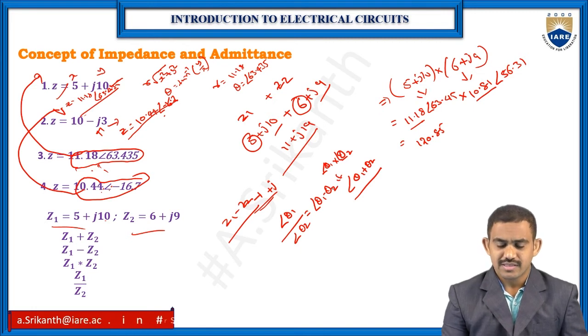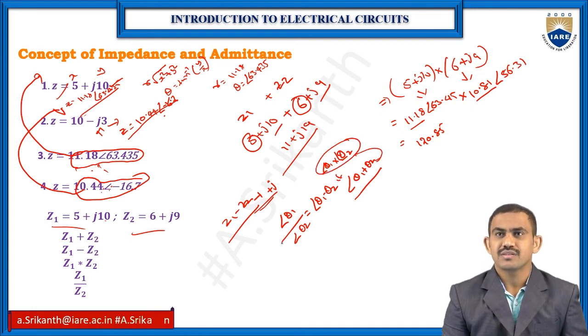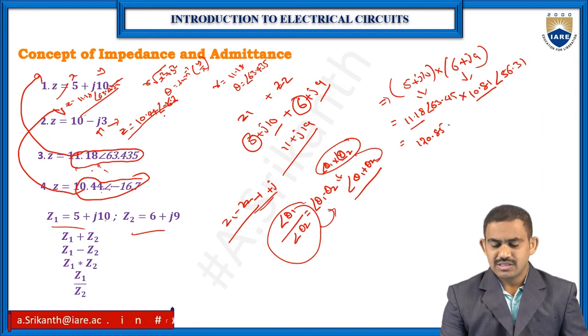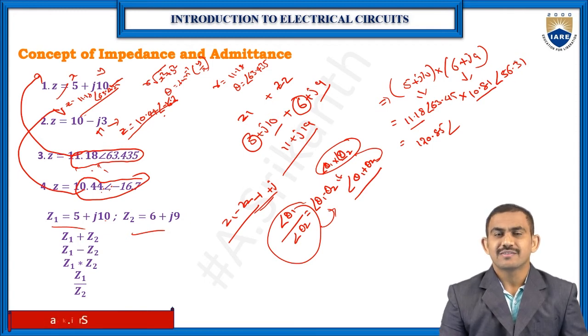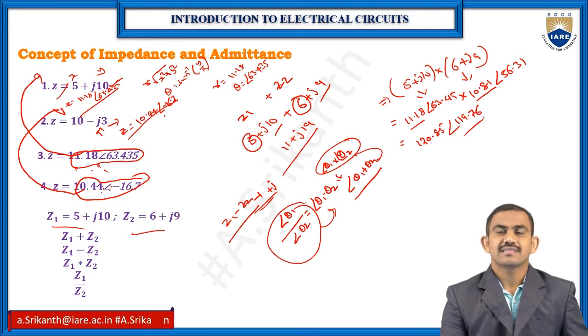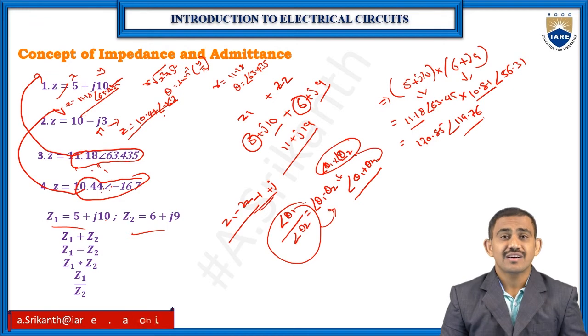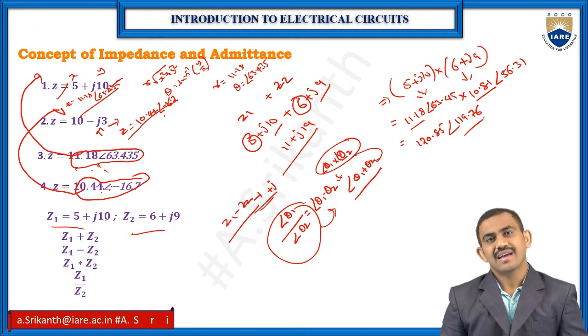Just remember two things. Multiplication position means both need to add, division position means both need to subtract. So how much will we get? Add both 63.45 and 56.31. You will get 119.76. Simple.